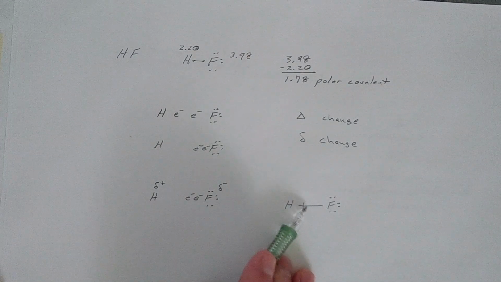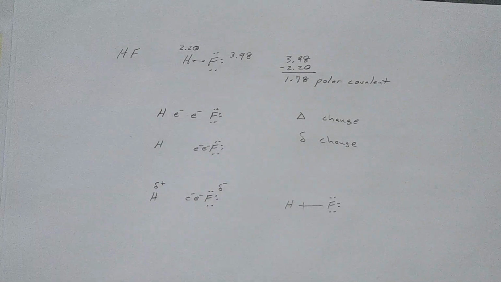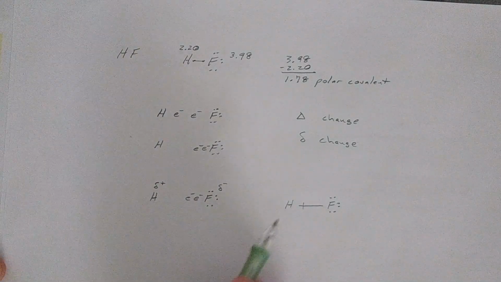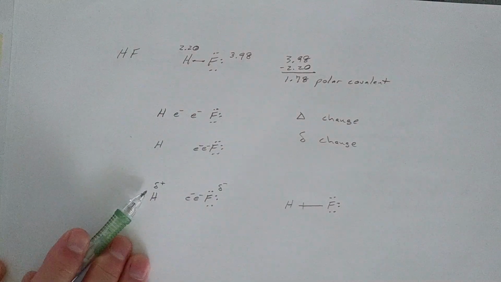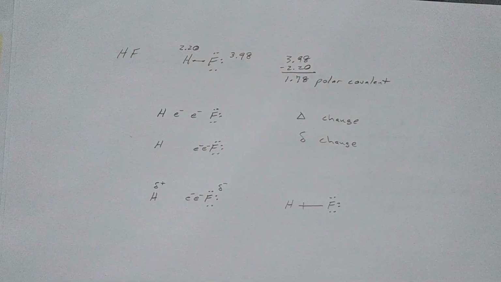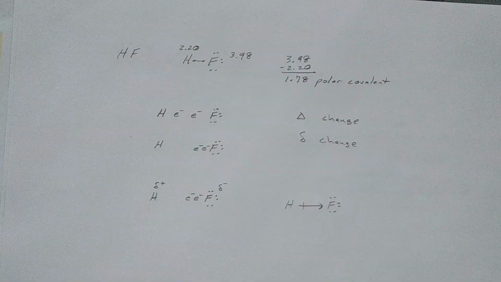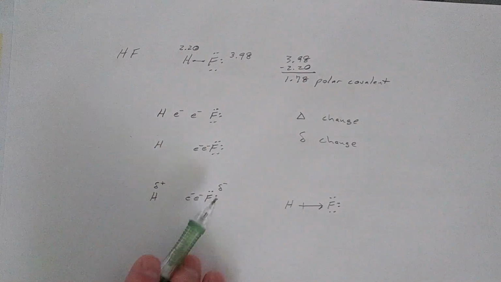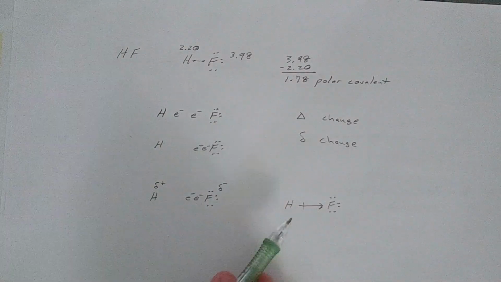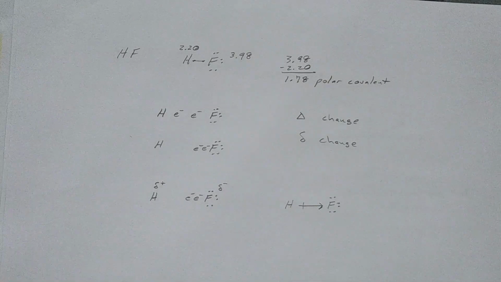So we can think of this end of our bond as having a plus symbol to it. We want the plus symbol next to the hydrogen because the hydrogen has the partial positive charge. We will indicate the negative end of the dipole with an arrow. The arrow points towards the atom that has the partial negative charge.